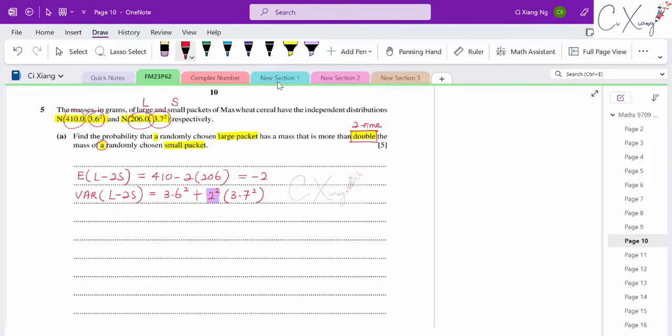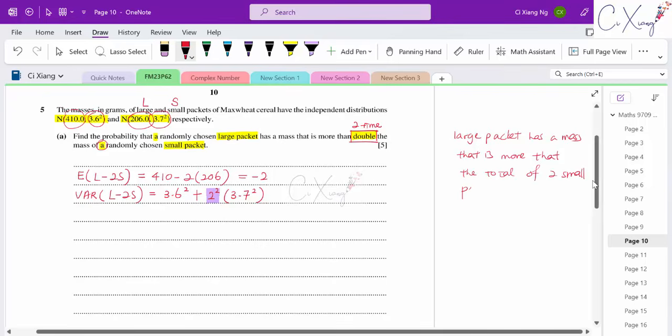But if the question is using this word, when the large packet has a mass that is more than the total of 2 small packets, then for this case, if we want to write out the variable, it should be L minus 2s.